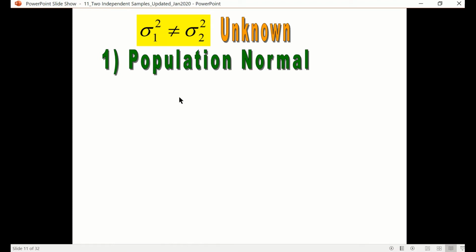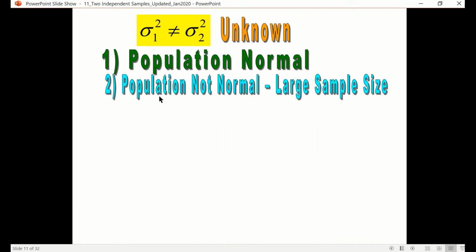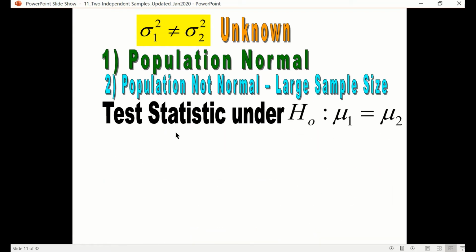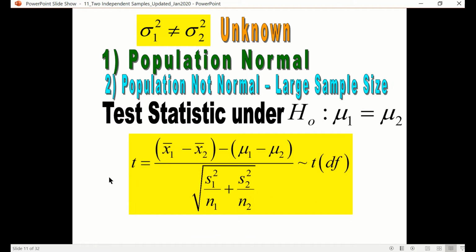First of all, it doesn't say that the population variances are the same, but the populations are normally distributed. So the test statistic that fits the information given to us will be the t-test statistic with a degree of freedom.